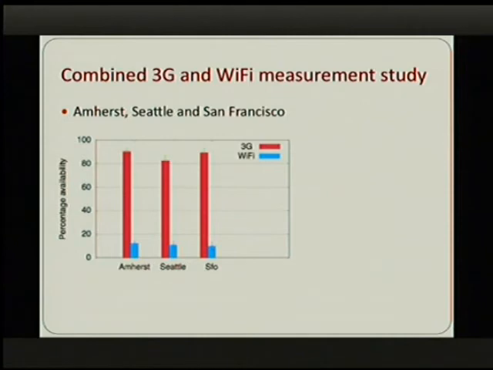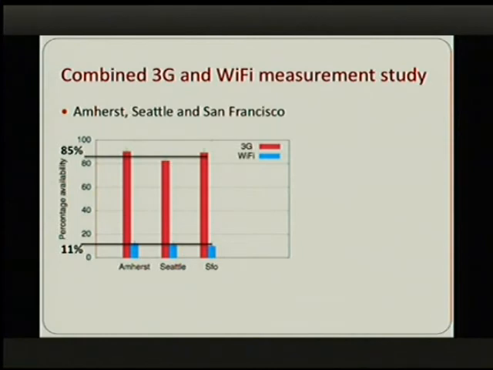The chart I'm showing here shows the percentage availability in the 3 different cities. First notice that the average availability of 3G is about 85%. So it's not actually even close to 95%. So it's not as ubiquitous as you would think. And the average availability on Wi-Fi is about 11%, which is much, much lower.